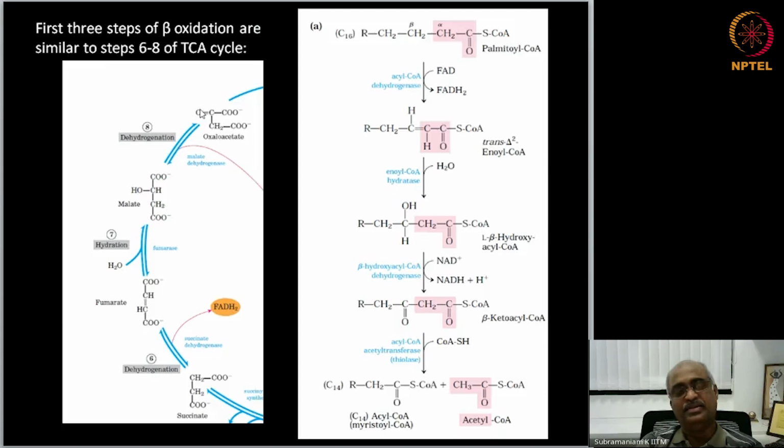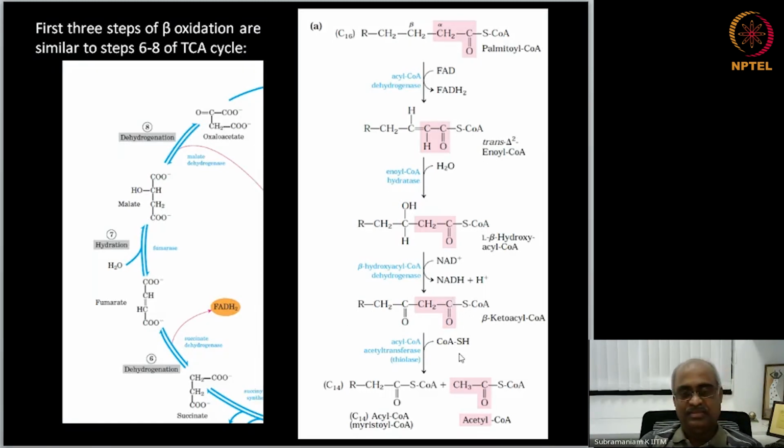So you have got a beta keto acid there, and here again a beta-ketoacyl group. So these 3 steps are very similar to the TCA cycle. You introduce a double bond, then you add water in the process. One of the carbons, the beta carbon, gets oxidized to a hydroxyl group. Then you have a dehydrogenation converting it into a keto group.